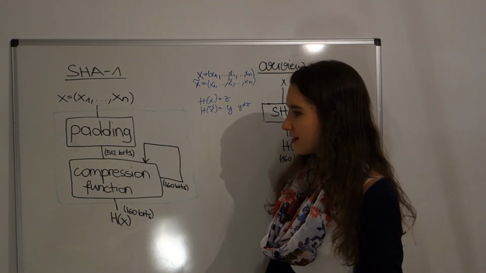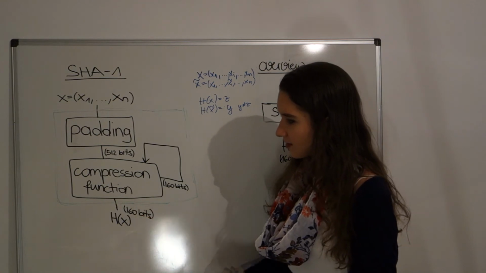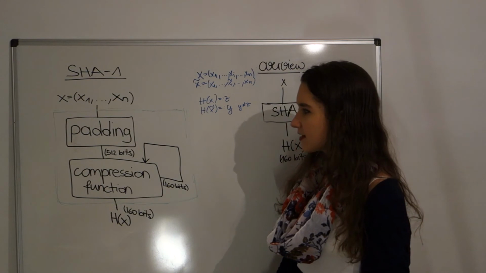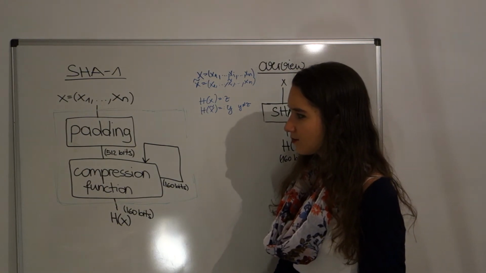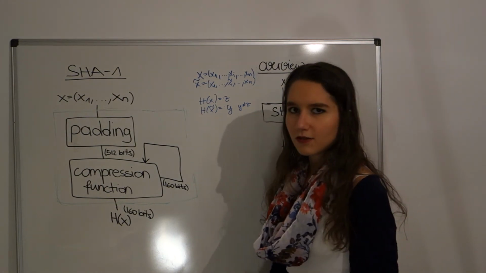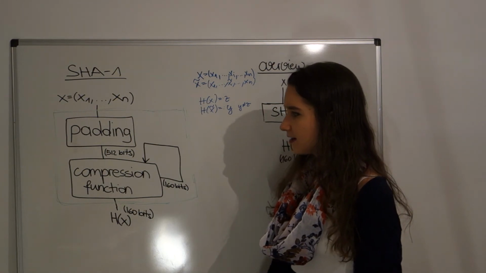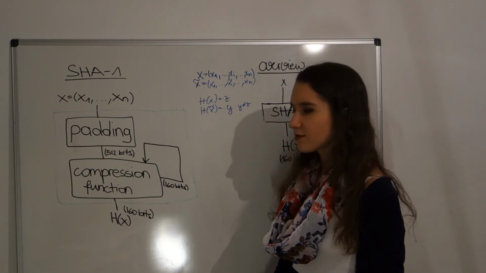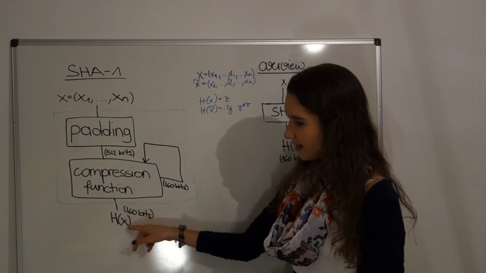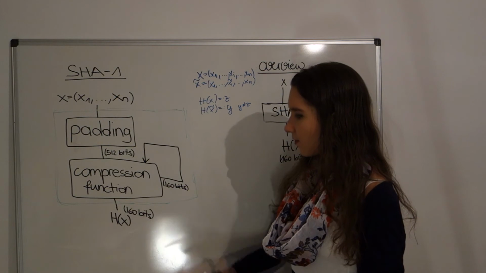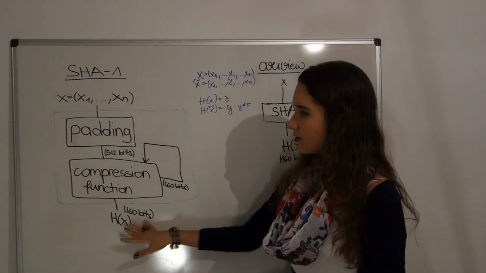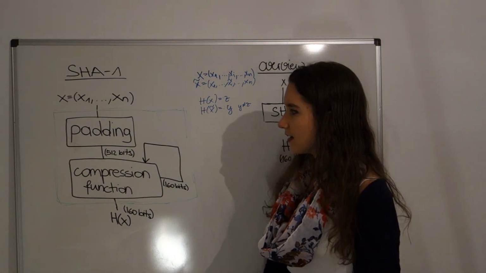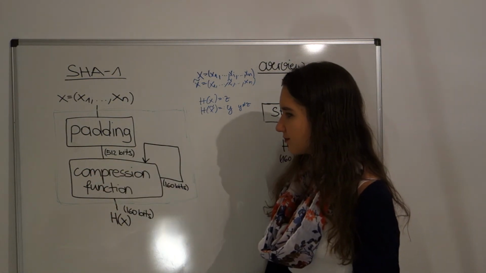Of course there is information lost in shortening this message, but as we said, there should be no collisions, or they should be very difficult to find, and there should be an avalanche effect, so somehow this hash, the h from x, some value, should be an identifier for the message we put into this hashing procedure.